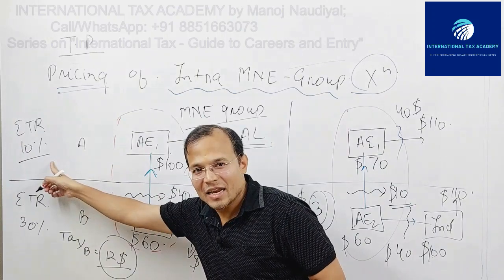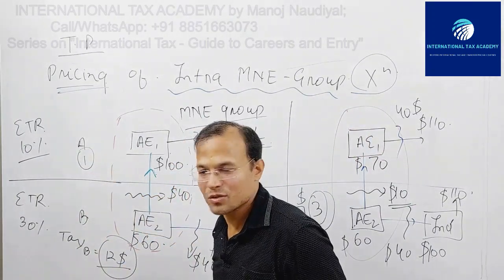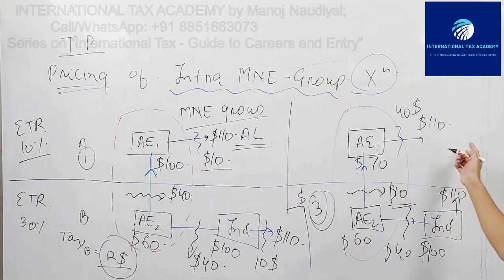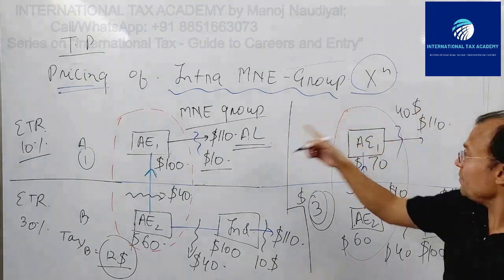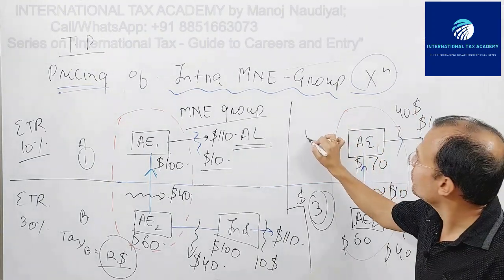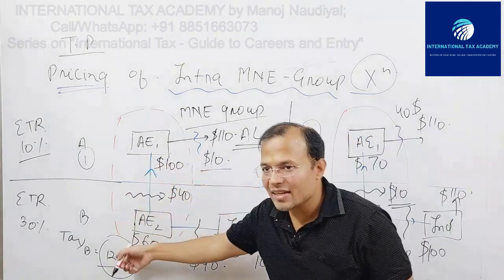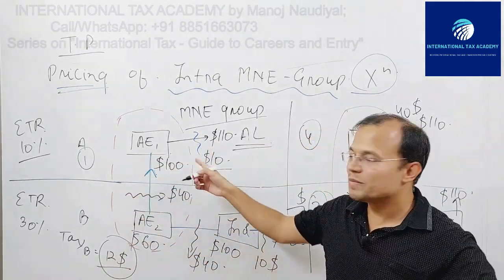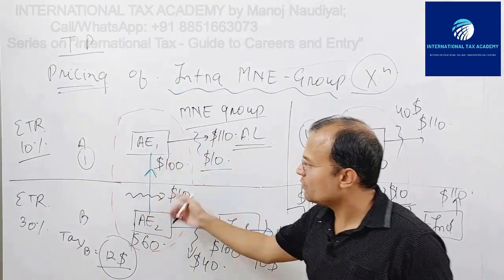Effective tax rate 10%. So earlier the tax was only what? 10% of 10 is 1. And now the profit is 40. 10% of $40 is what? 4. So you see, in the earlier case, the total tax that was being paid by this M&E group on this combined transaction was how much?